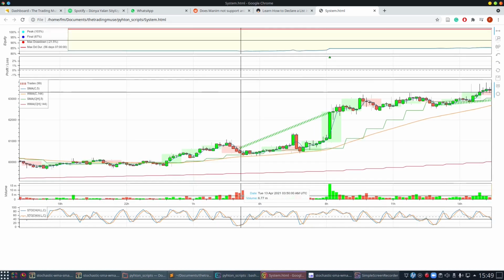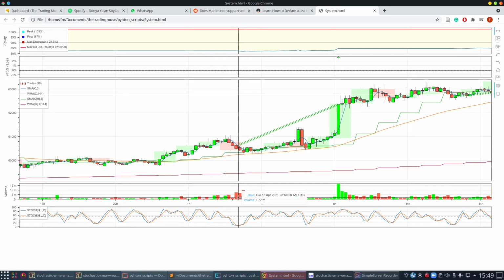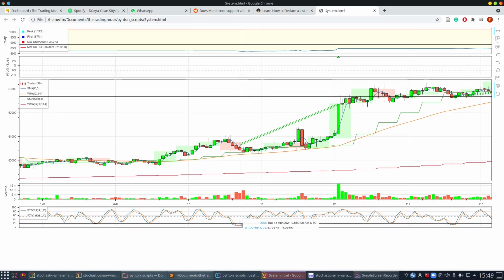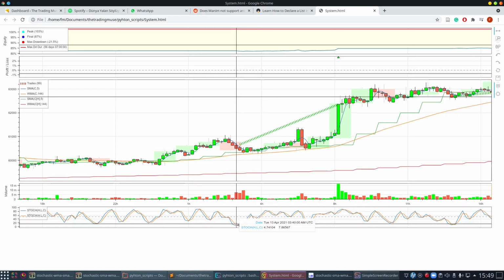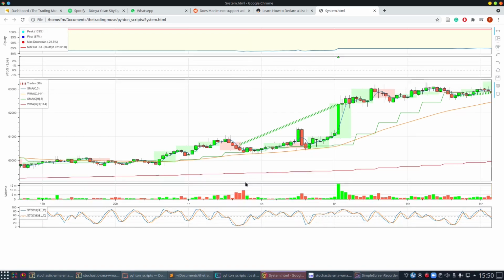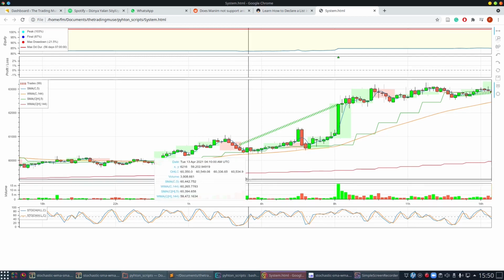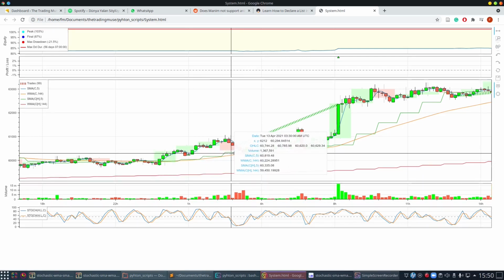Yeah, we took the trade right here, and both the stochastics were below 20 level, so that was a good time. It was really oversold, so we took the trade because see, the red line is the 144-hour average, and the green line is the 5-hour simple average, and that was above that.